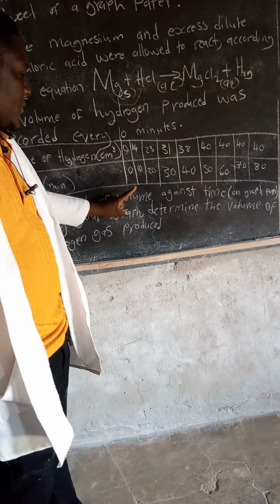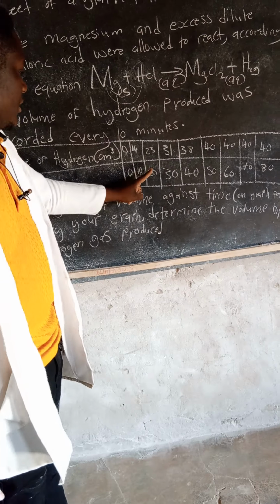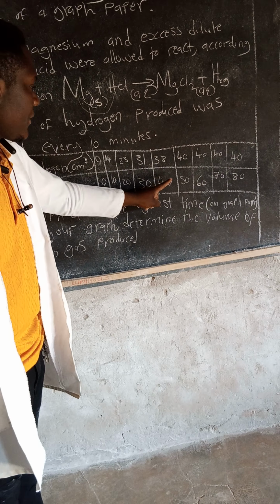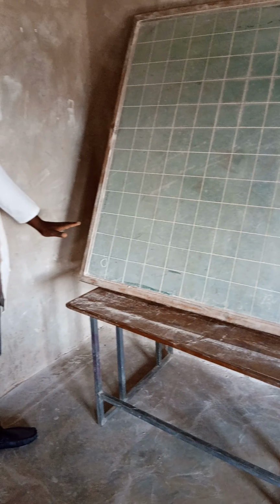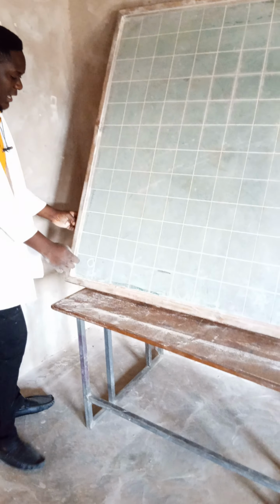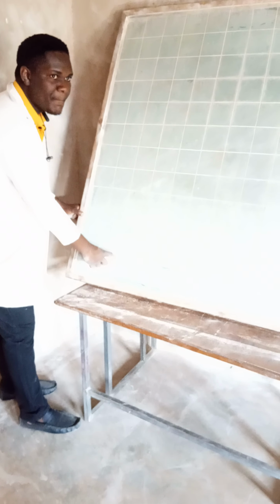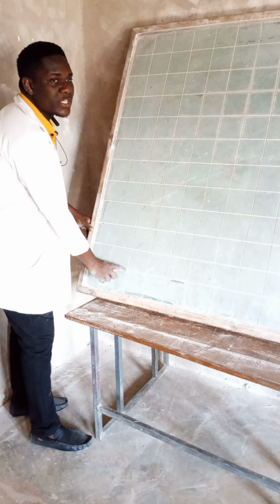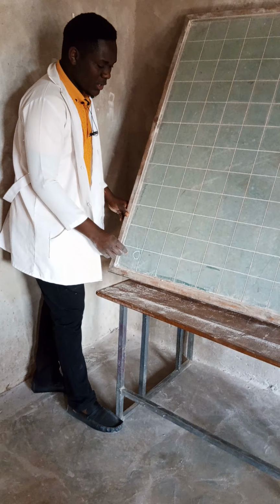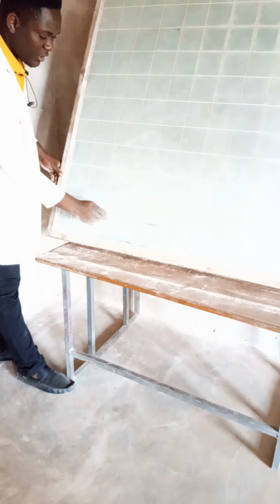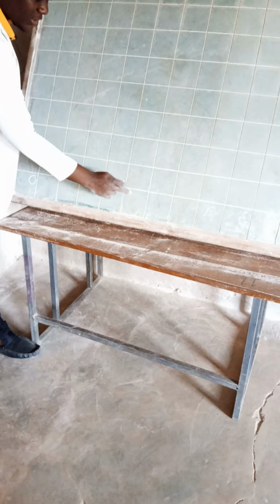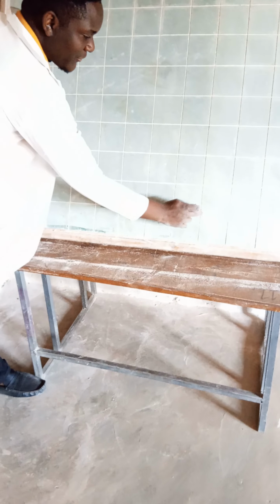When you look at this, you have got 0, 10, 20, 30, 40, 50, 60, 70, 80. So if we use 10 units to represent 2 centimeters, each box is 2 centimeters. So we put 10, 20, 30, 40, 50, 60, 70, 80, and it will be enough, right?